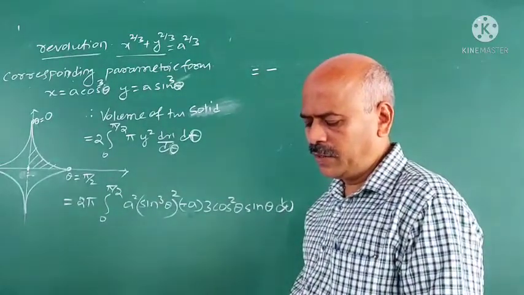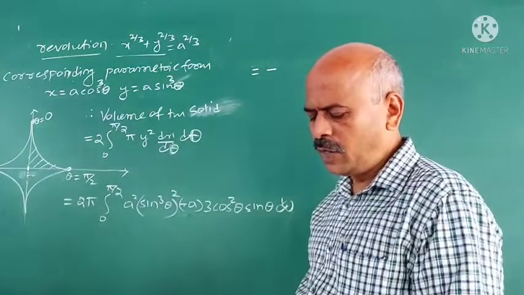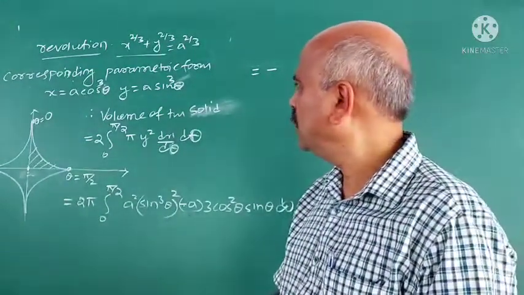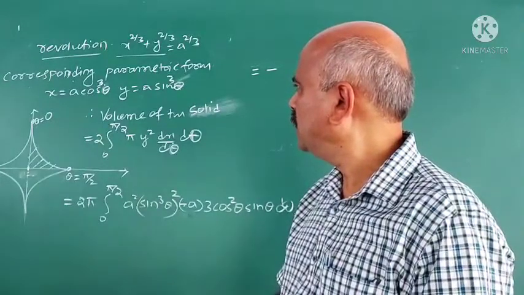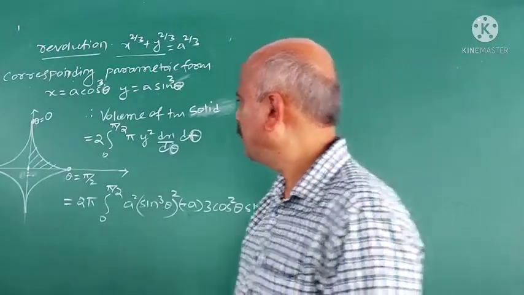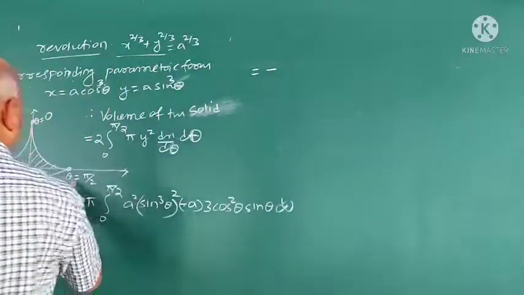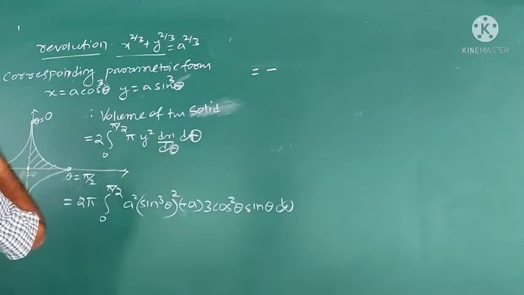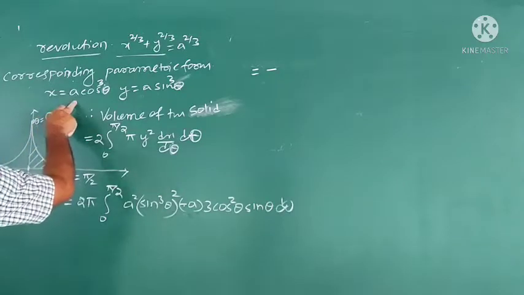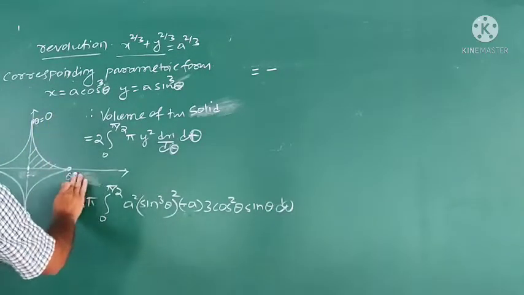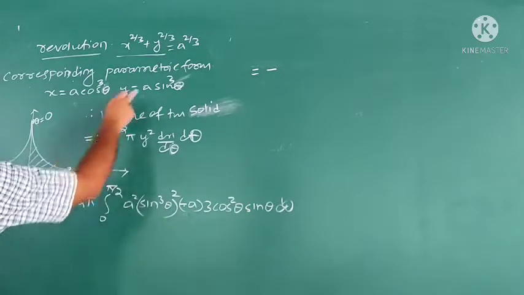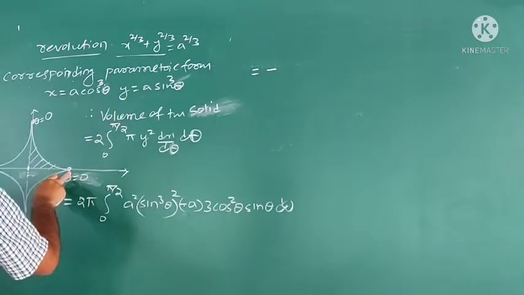Theta is pi by 2. What happens? Just a minute. Here theta is 0. Is this correct here? Theta is 0. What do you get? X is a, y is 0. Because theta is 0, x is a, y is 0.